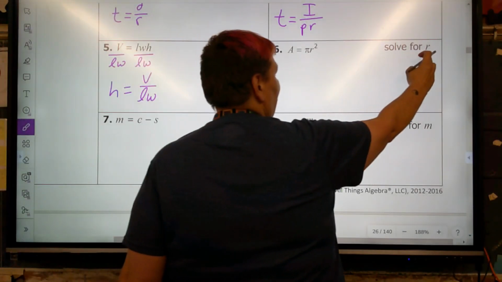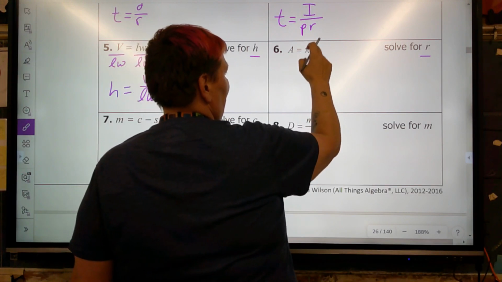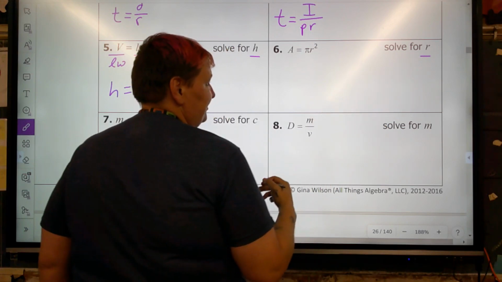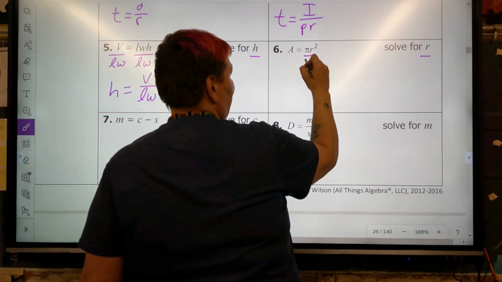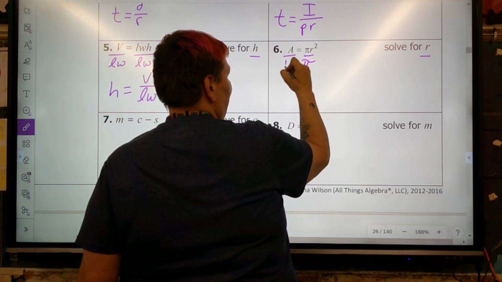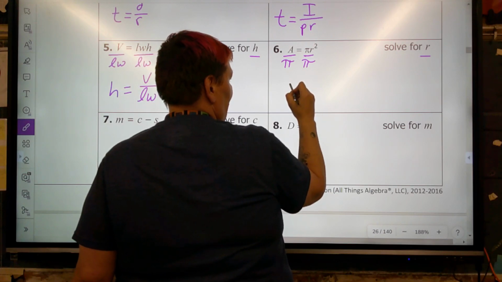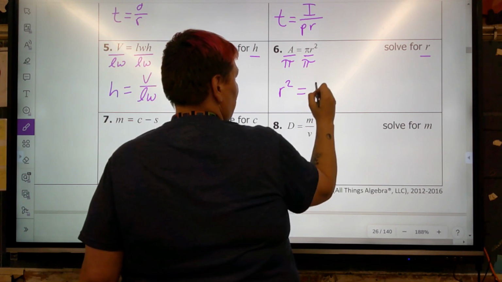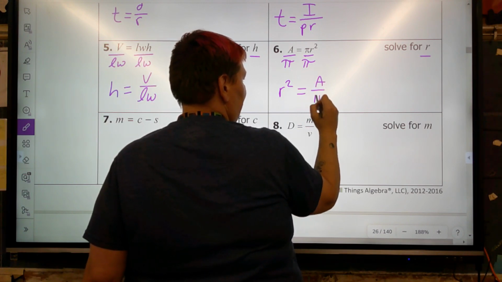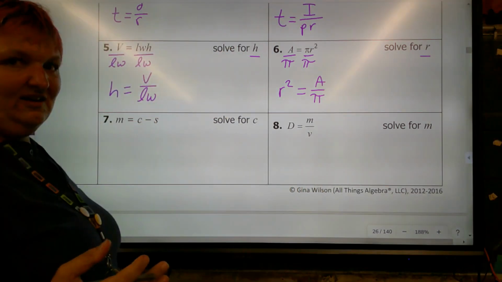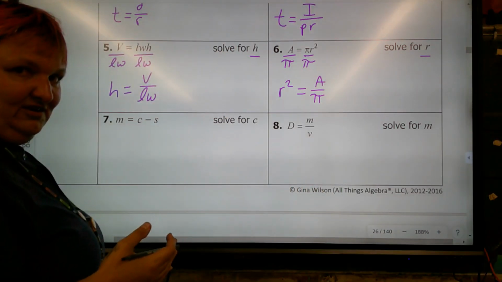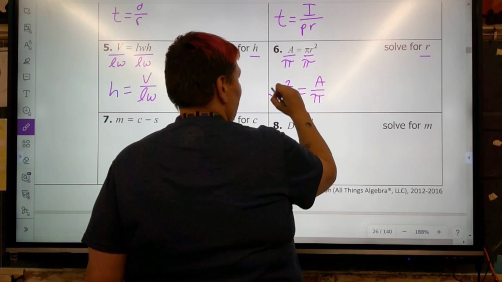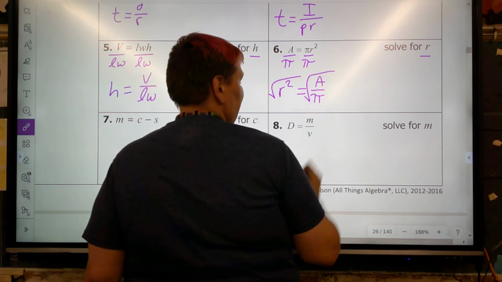Solve for R. Area equals pi r squared. Now we're dealing with circles. But we're solving for R. Okay, this one's going to be interesting because we got to get rid of pi. So divide by pi. So we have r squared is equal to area over pi. The opposite of something being squared is the square root. So we have to find the square root, right?